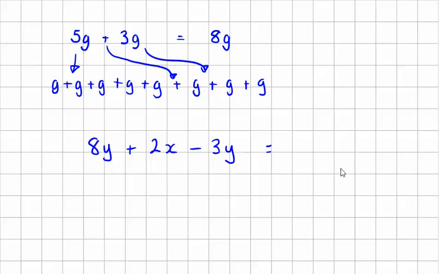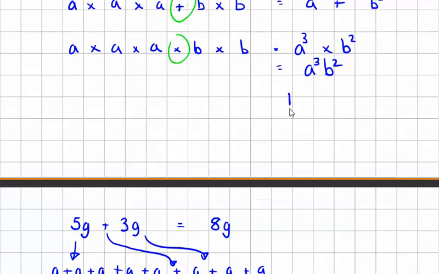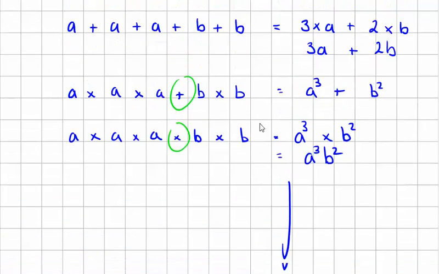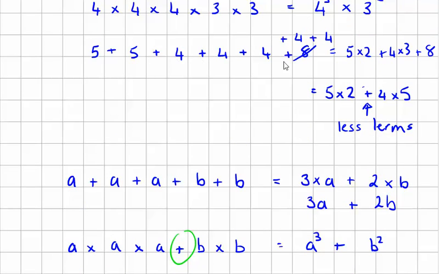Just 7? No, it's got to have some y's and x's in. 7y. Remember, this is not a number, it's how many y's I've got. 7yx? No. Think about what we could do with 2x. Remember, up here we didn't put 4s and 5s together, we kept them separately.